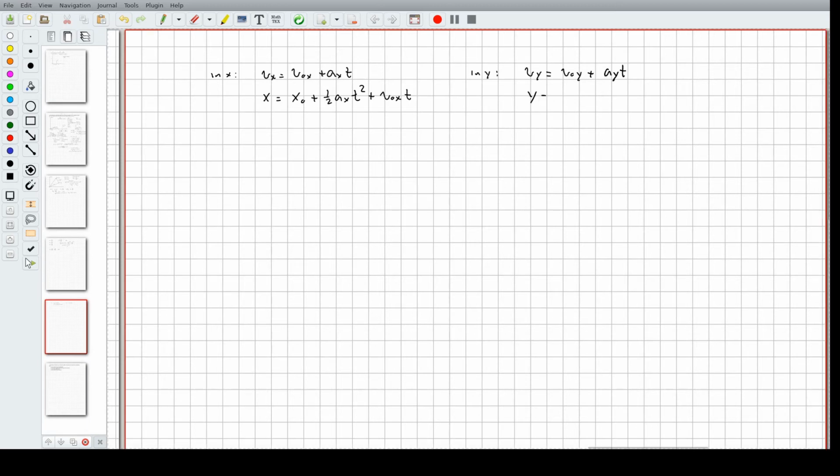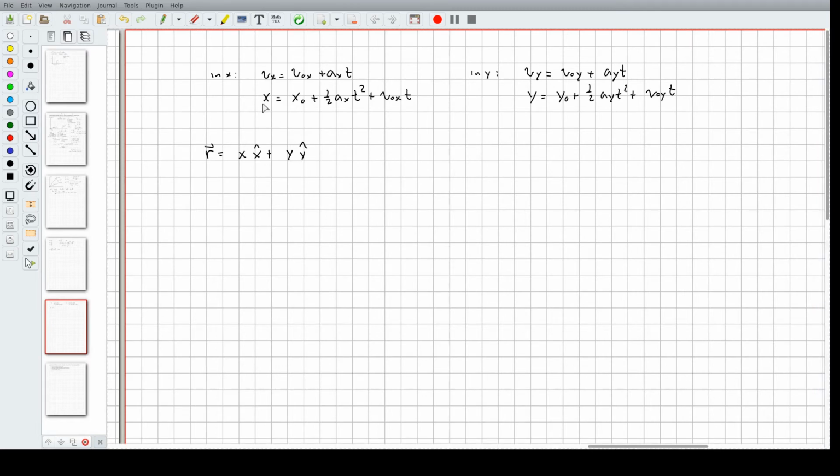And you have y is equal to y naught plus 1/2 Ay t squared plus V naught y times t. So these are two of the three kinematic equations written in x and y. What I would like to do is to take and note the fact that r looks like x hat plus y hat.